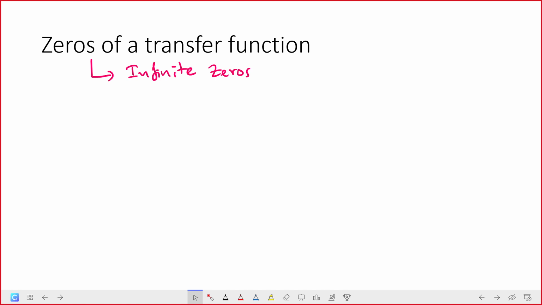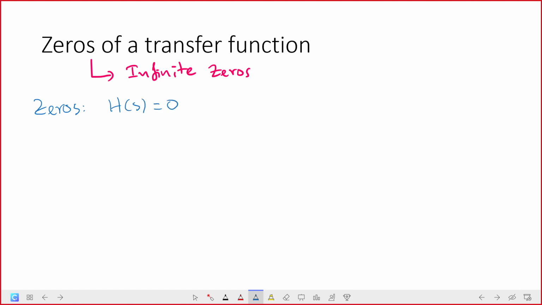So what is an infinite zero? The term zero comes from setting H of s equal to zero.